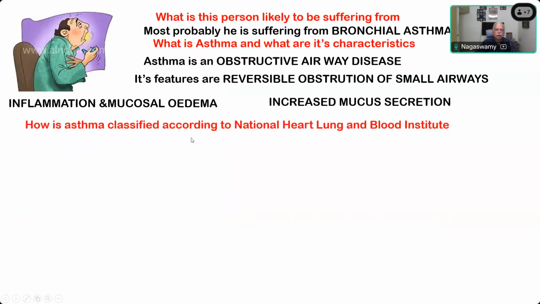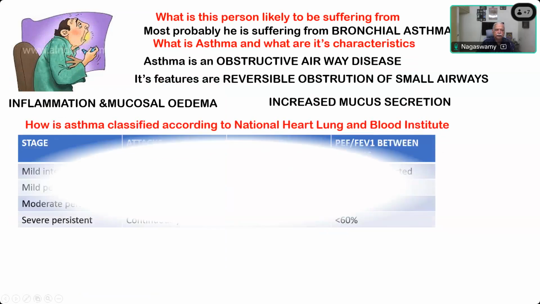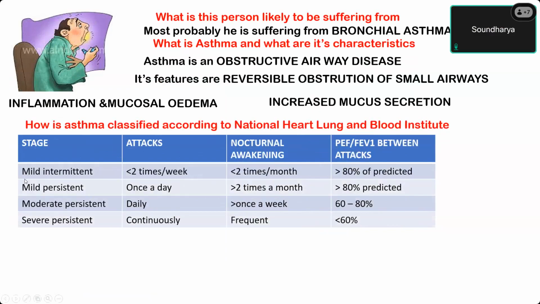So how is asthma classified according to National Heart, Lung and Blood Institute? Intermittent, mild persistent, moderate persistent, and severe persistent. So three persistent categories, and there's a category, intermittent, not very frequent.